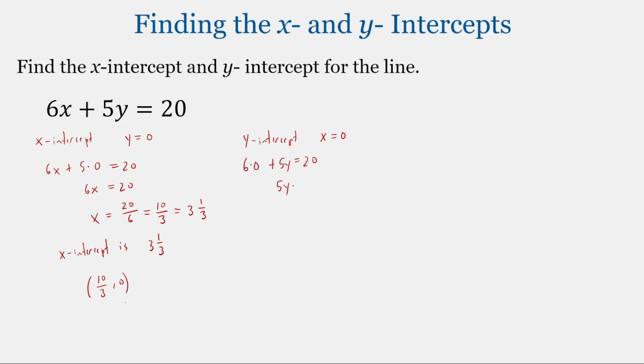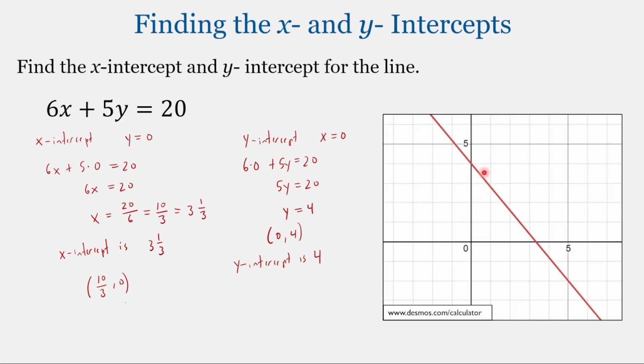We have 5y equal to 20. And then dividing both sides by 5, we get y equal to 4. So we have the ordered pair 0, 4, or we can say the y-intercept is 4. And then looking at a graph of this line, it appears this graph is intercepting the y-axis at 4, and also about 1/3 of the way between 3 and 4. So 3 1/3 for an x-intercept.